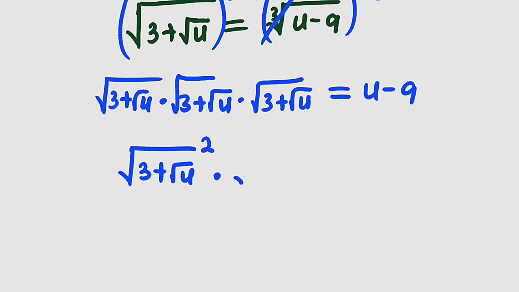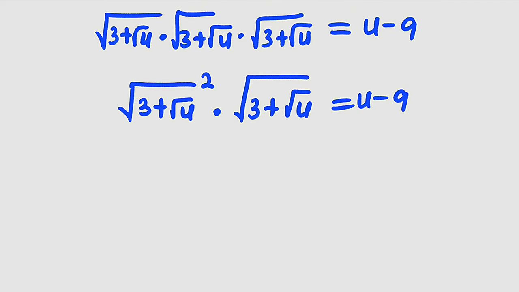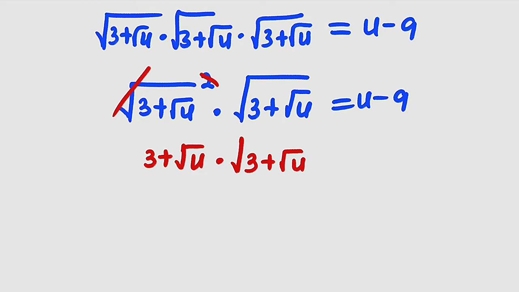Then times the other one, which is the square root of 3 plus square root of u, and this is equal to u minus 9. We are moving. This will cancel this, so we have 3 plus square root of u here times the square root of 3 plus square root of u, and this is equal to u minus 9.